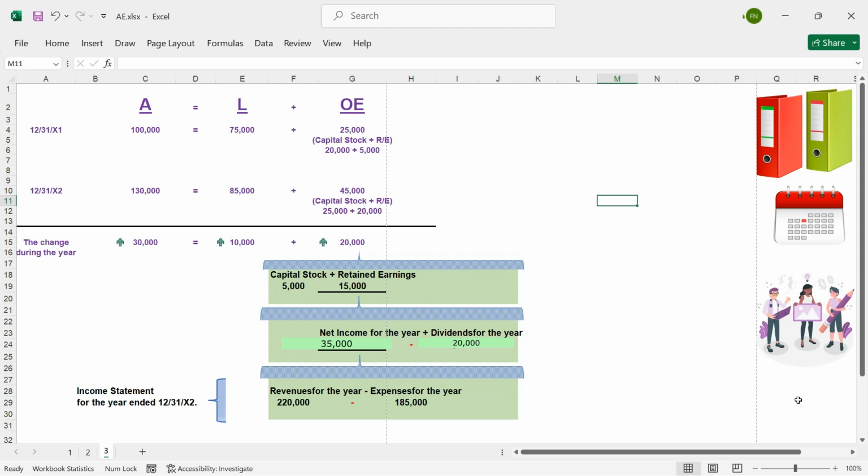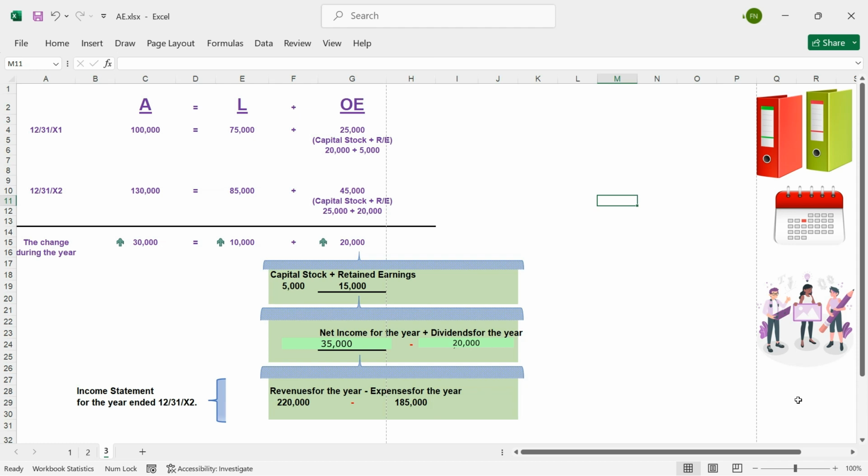Now, what I want to do is build a diagram with you here that highlights this analysis of comparative balance sheets, similar to what I've been talking about. And we're going to do that by first identifying the basic elements of a balance sheet: assets equals liabilities plus owner's equity.